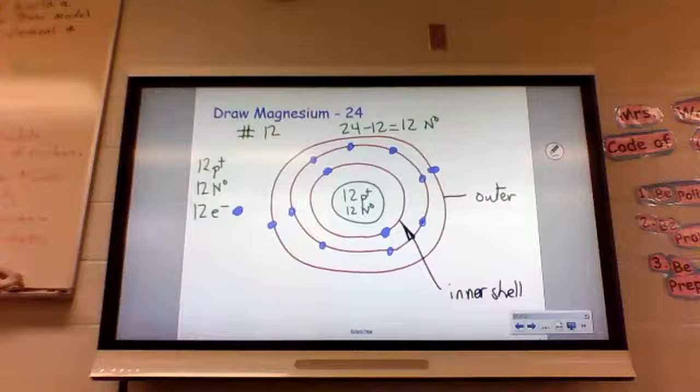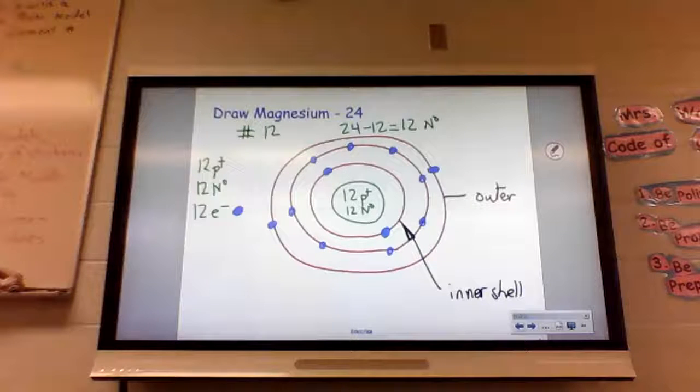Do we have to have 4 rings? Or can it be only 3? Some will have 3, some will have 4. Depends on which element I gave you. Excuse me, I need you off the paper. What's your electron?